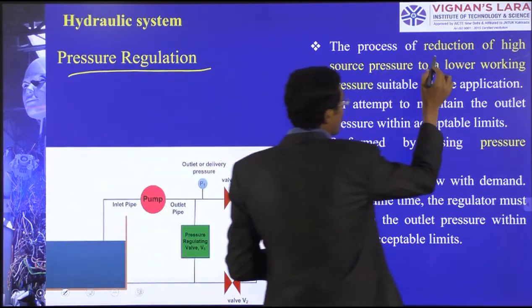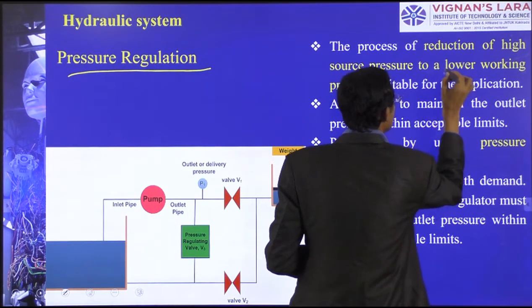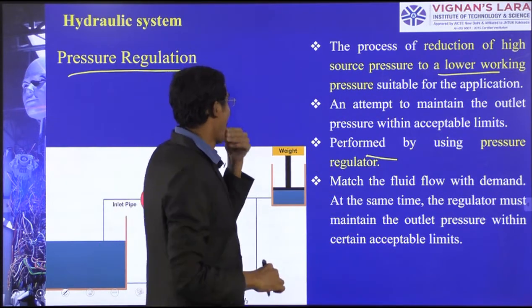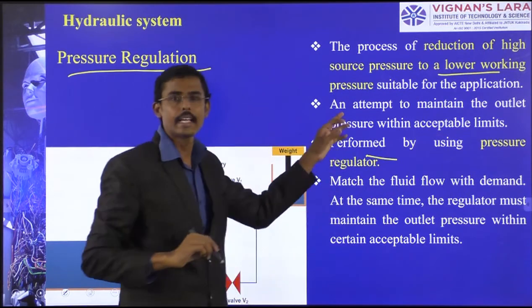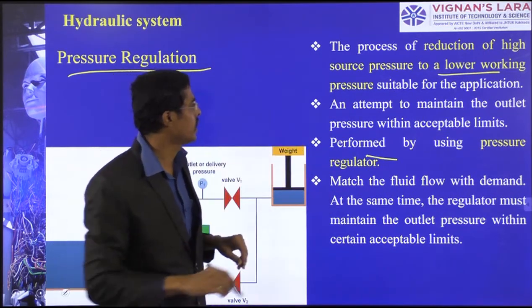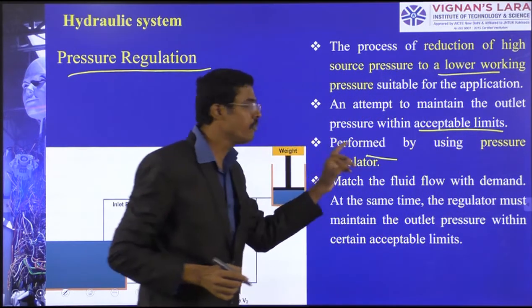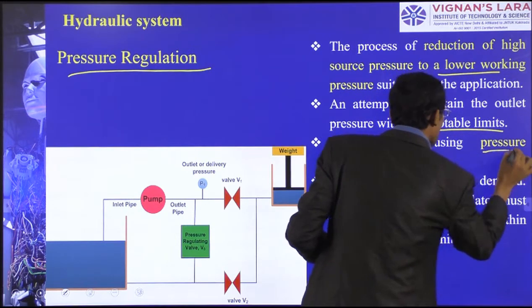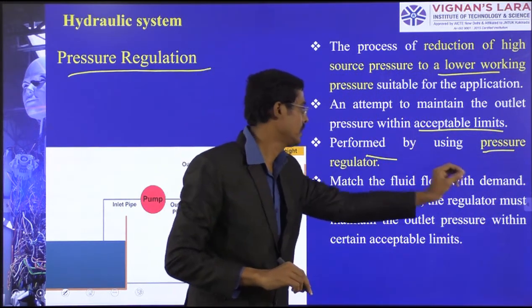It is the process of reducing a high source pressure to a lower working pressure suitable for those applications. An attempt is made to maintain the outlet pressure within acceptable limits, performed by using pressure regulators that match the fluid flow with the demand.